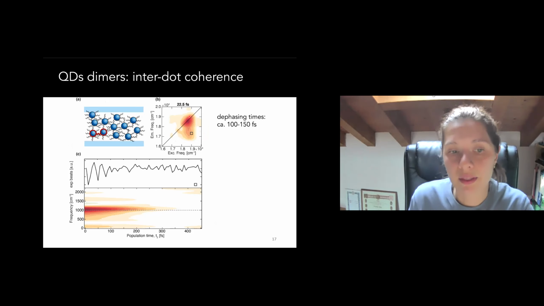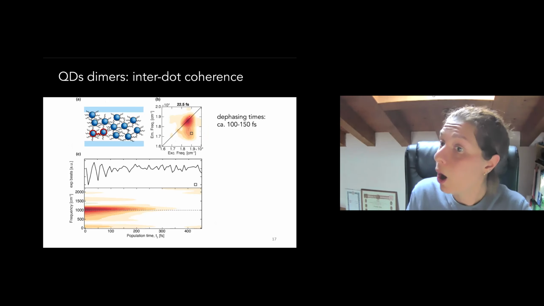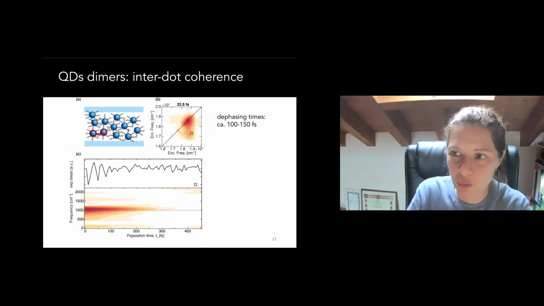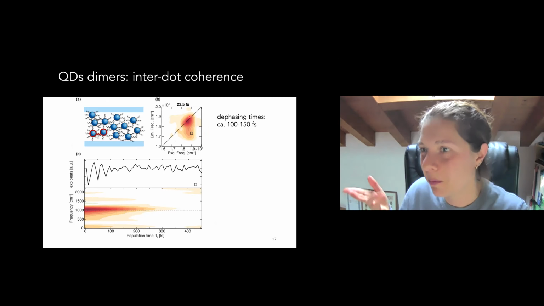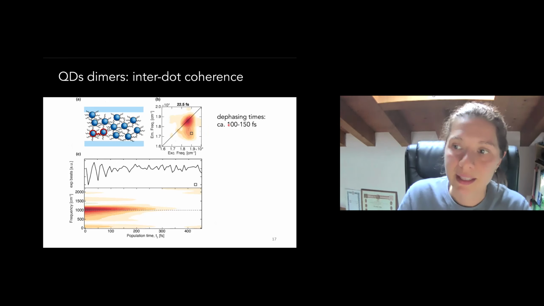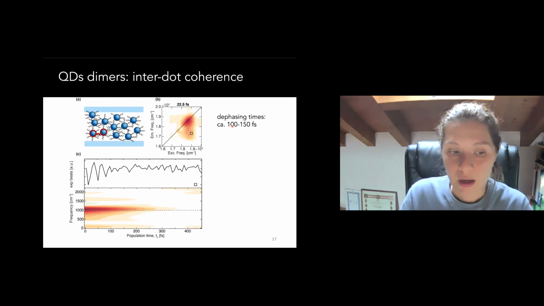Interestingly, the time behavior of this coherent dynamics was longer than what we expected, because the dephasing times here, both according to simulation and in terms of experimental data, are a bit longer than the intradot coherences, and this is about 100 femtoseconds.